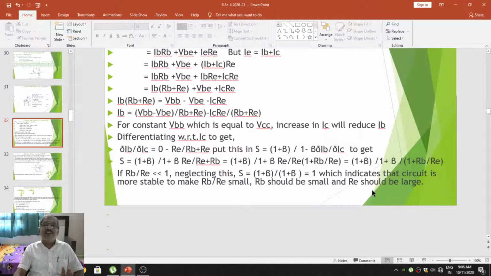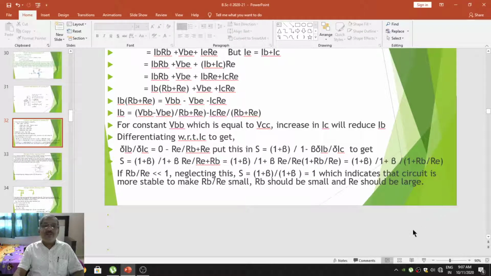Only the thing is that if we are adopting the self-biasing method, you have to choose the value of R_E large and R_B small. If you make this particular arrangement, naturally the circuit is going to provide better stability for the BJT.